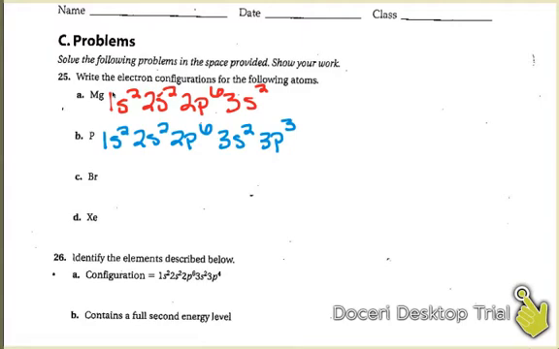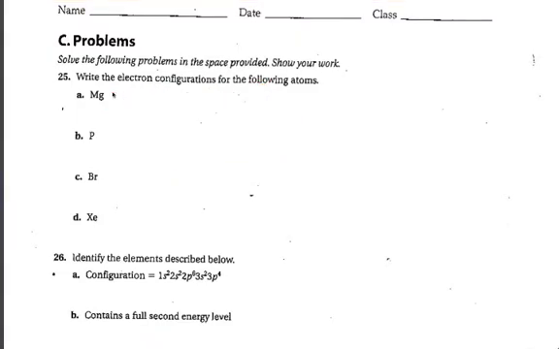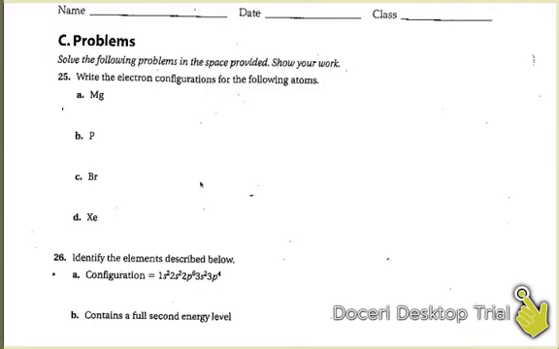Now let's go on to bromine and xenon, and for these we're going to start doing it the shorthand way. Bromine is in the 4p sublevel, so we do it the shorthand way, which means we need a noble gas.